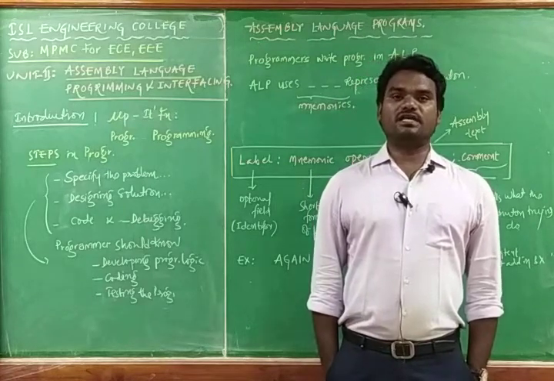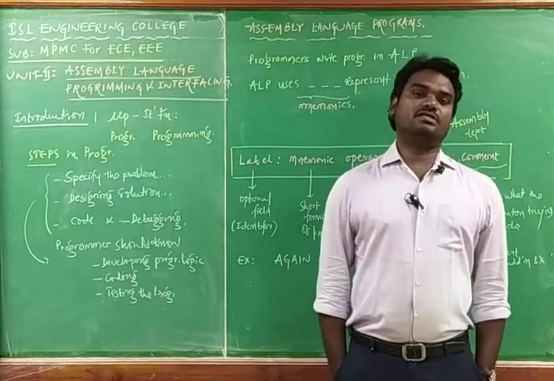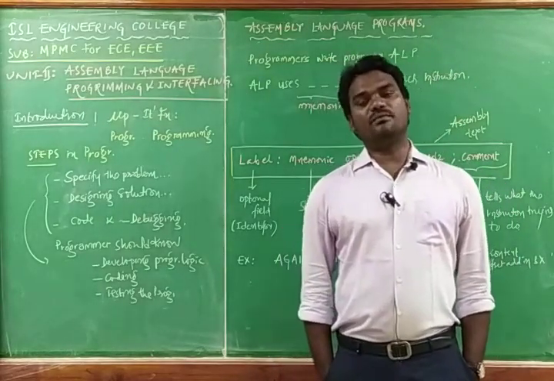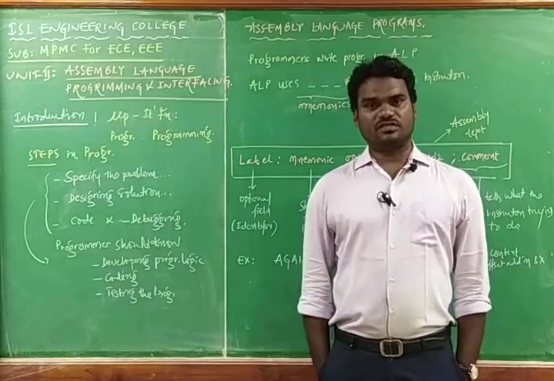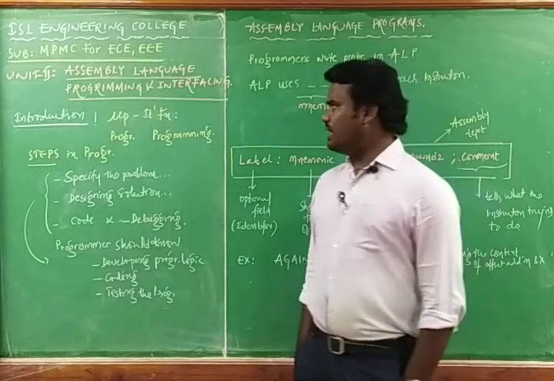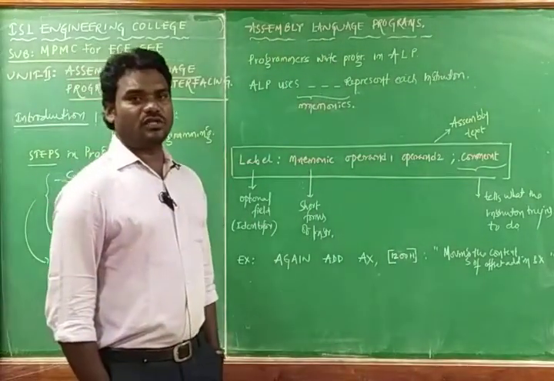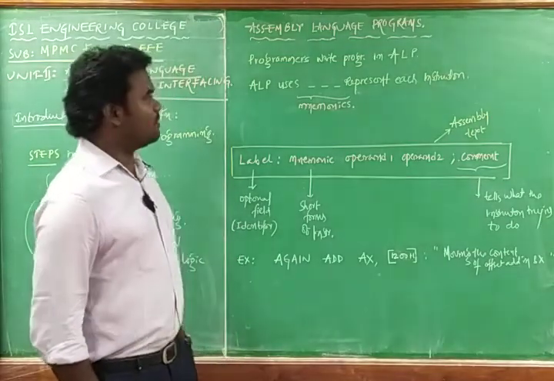Based on the given instructions, some operation is performed on the given data, so that it executes some function and gives some output. It accomplishes one specific function. So the microprocessor standalone cannot perform any function, and it has to be interfaced with input output devices.